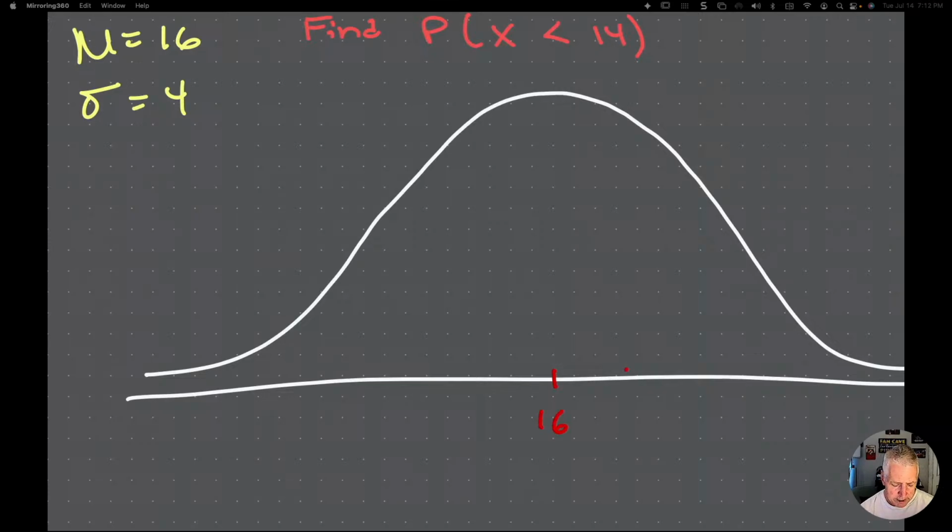If I go out one standard deviation this way, I'm at 20. 2 standard deviations, I'm at 24. 3 standard deviations, I am at 28. If I go back 4 this way, I am at 12. Back 4, I am at 8. And if I go back 4, I'm at 4. So 4, 8, 12, 16, 20, 24, 28. Still just a sketch, but you can at least see where your data falls on this curve.